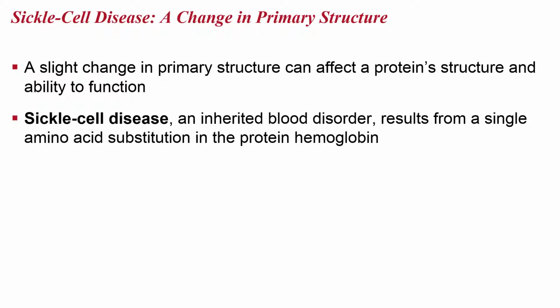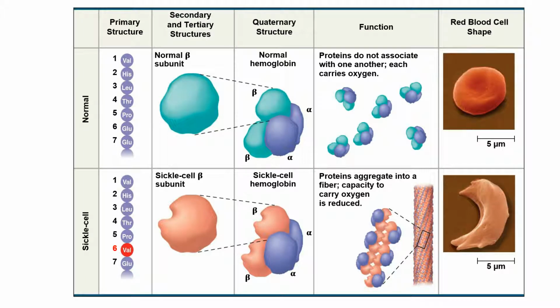Looking at sickle cell disease, you have one single amino acid that's been swapped out for another, and it has detrimental effects on the hemoglobin protein as a whole. Here you're looking at the different levels of protein structure of hemoglobin, specifically the beta subunit.